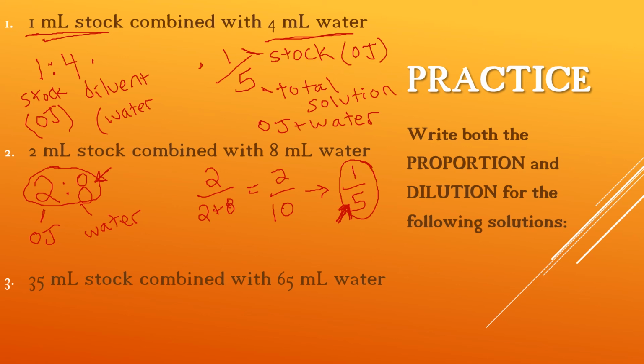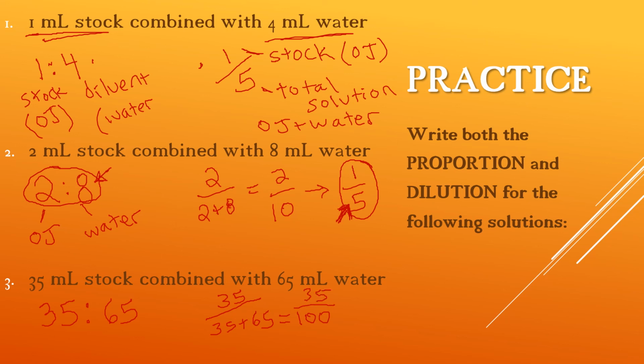Number 3 is 35 milliliters of stock combined with 65 milliliters of water. So we can write 35:65. Or for a fraction, we would write 35 over that same 35 plus that 65 to get the total volume, and that equals 100. We just carry this 35 over here.